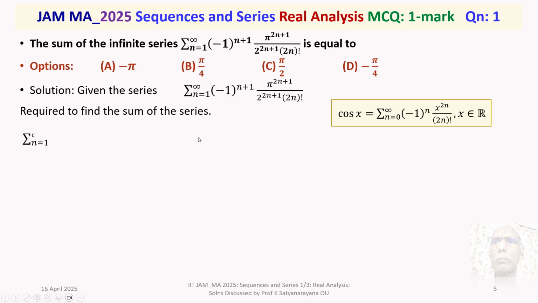So this is written as sigma n equals 1 to infinity (-1)^(n+1) (pi by 2)^(2n+1) by (2n)!.